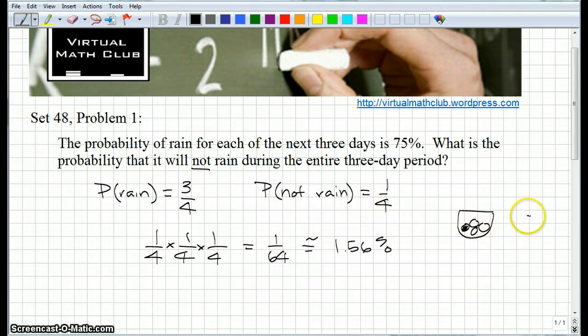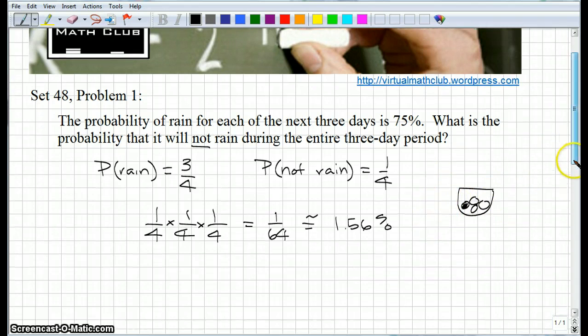And if you pull out a black ball, then it will not rain that day. So that's analogous to the 3/4 chance that it will rain, right? Because you have 3 white balls, so there's a 3/4 chance you're going to pull out a white ball, and a 1/4 chance that you're going to pull out the black ball.